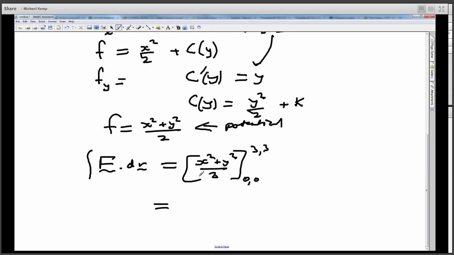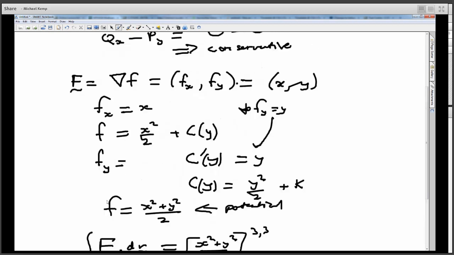If you sub in (3, 3), you're getting its distance squared, so 9 plus 9, divided by 2, gives you 9. Sub in (0, 0), you get nothing. And so the value of this vector line integral is 9, using what's called the fundamental theorem of line integrals. So that's the way to do it comprehensively.